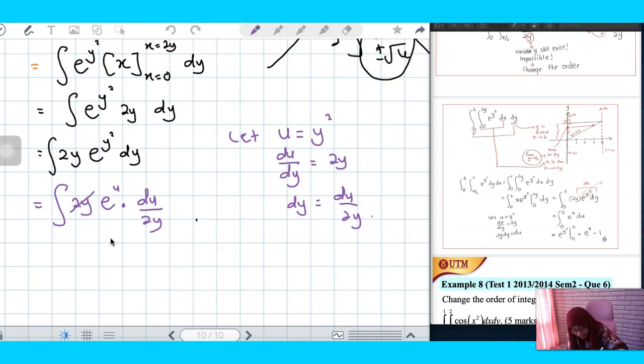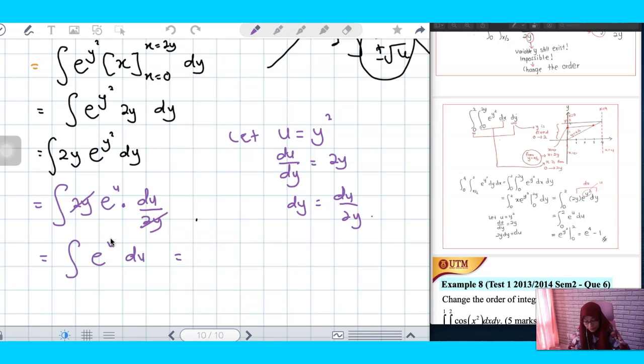So your 2y here can be cancelled out. In this case, the substitution works. But if you do the substitution from the beginning, it doesn't work because it becomes complicated. You would have e to the u over square root of u, and you cannot solve that easily. But in this case, because you settled x first, you manage to simplify your integral, and it just becomes e to the u du.